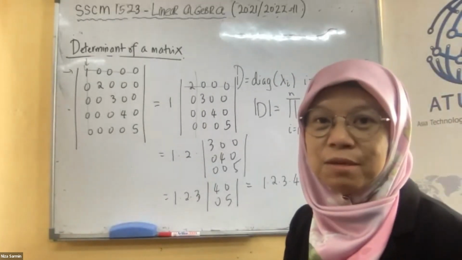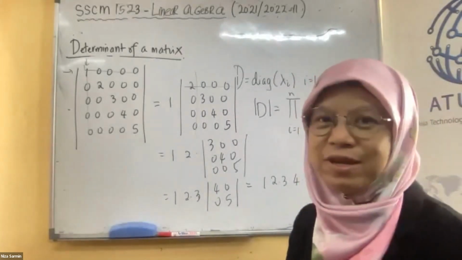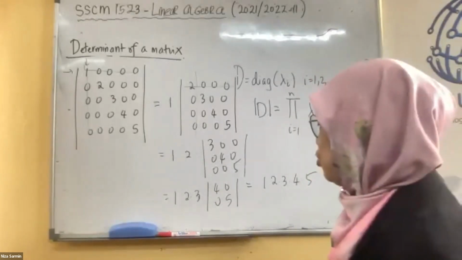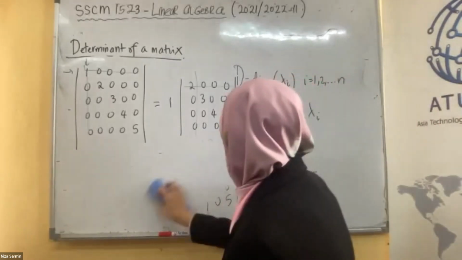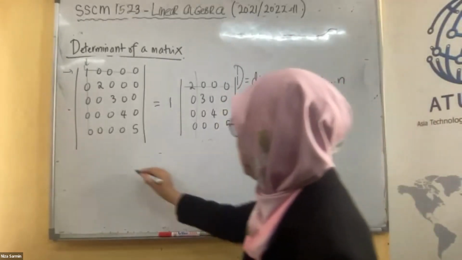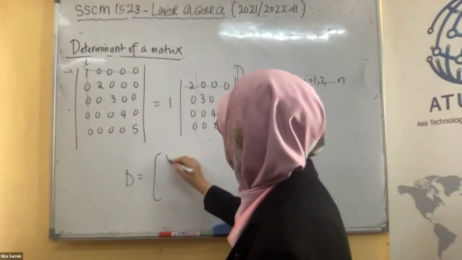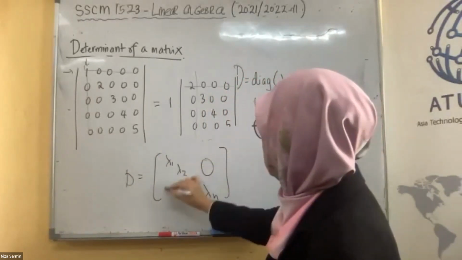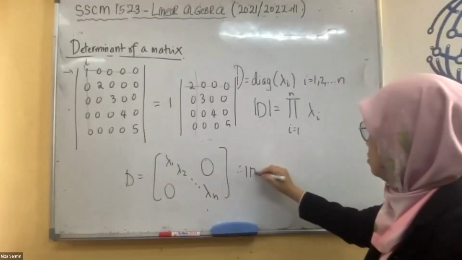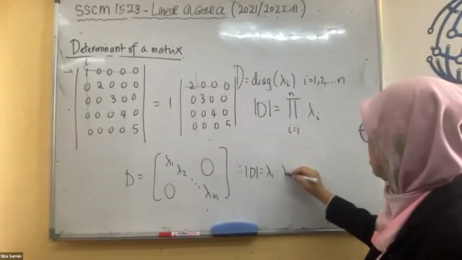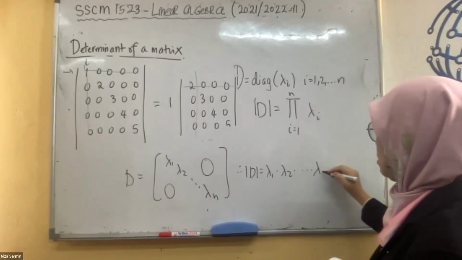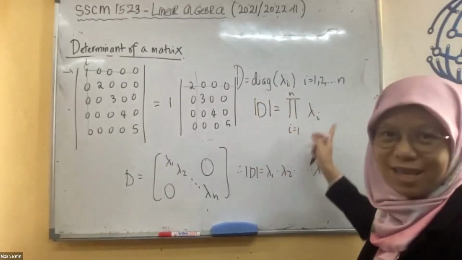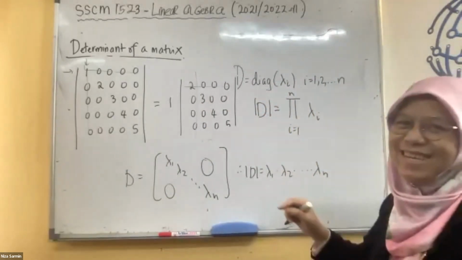Mathematicians sometimes want to make things complicated, right? They write in symbols so other people don't understand. Although actually you can just write D as this, all zeros here. They are the same, but this looks fancy, looks difficult.